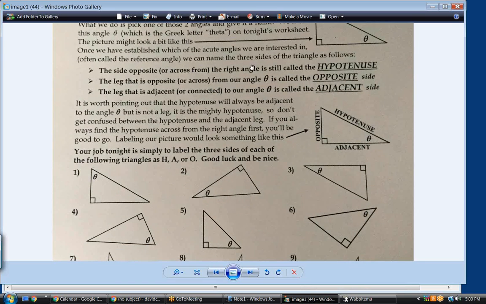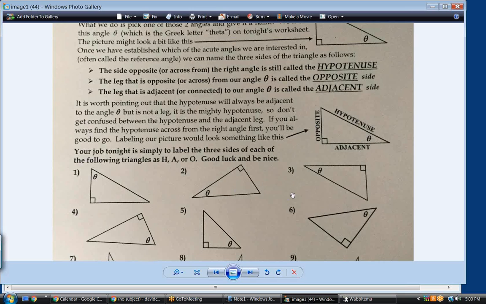The side opposite the right angle is the hypotenuse. You knew that. The leg that is opposite an angle is called the opposite side. You knew that. And the leg that is adjacent is called the adjacent side. And there's the picture of the right triangle with the adjacent, the opposite, and the hypotenuse.